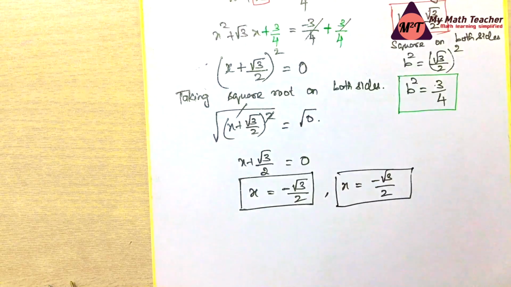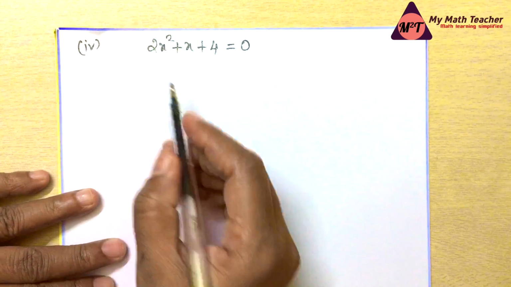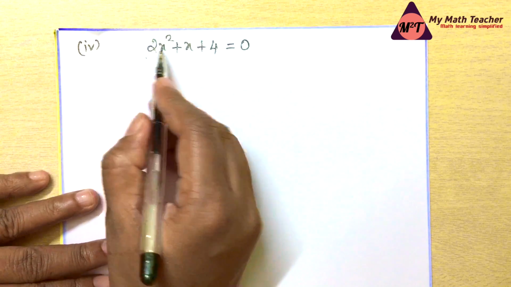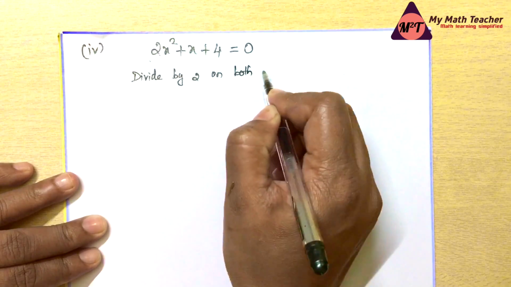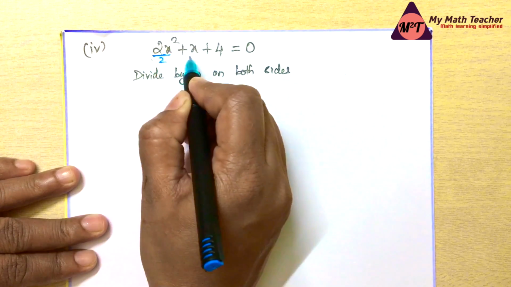Both are equal. The fourth subdivision, which is 2x square plus x plus 4 is equal to 0. So we have to divide by the coefficient of x square, which is 2. So as usual, we'll divide all the terms by 2.